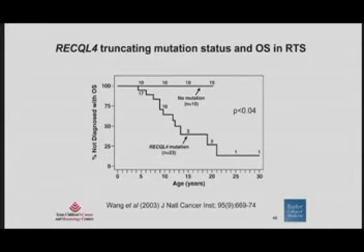On the y-axis is the percent not diagnosed with osteosarcoma over time on the x-axis. And what you see is patients without mutations do not develop osteosarcoma. They remain osteosarcoma-free over time, whereas of the patients with mutations, very few remained osteosarcoma-free over time. This suggests that indeed there's a connection between having RECQL4 mutations and developing osteosarcoma.